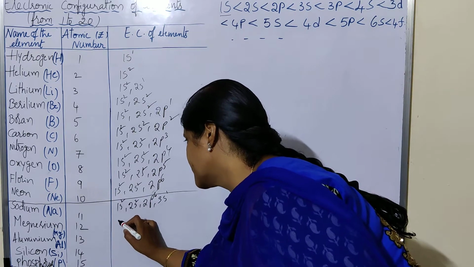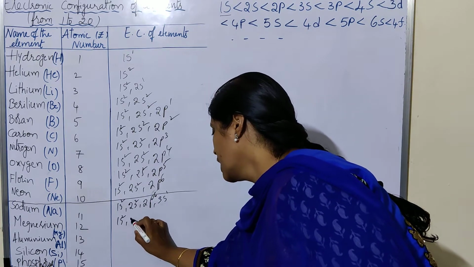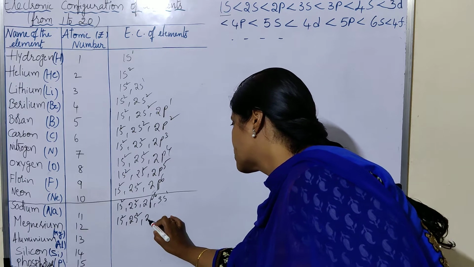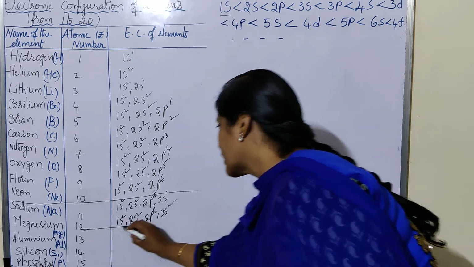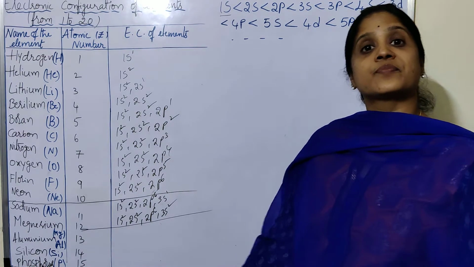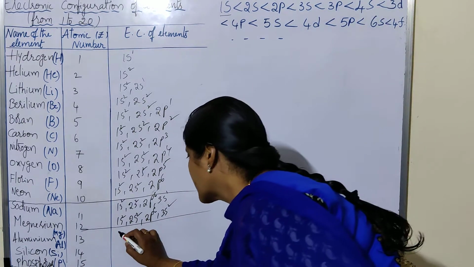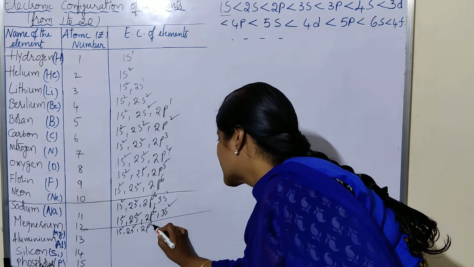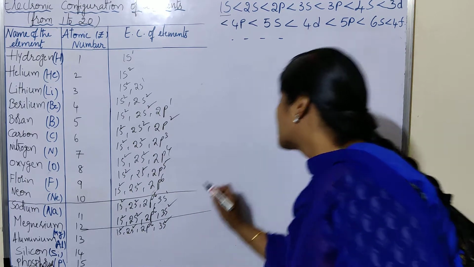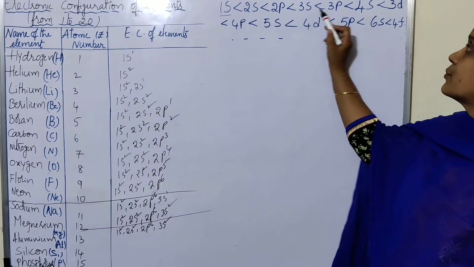Next, magnesium: 1s2, 2s2, 2p6, 3s2. Next one is aluminum, 13. 13 means 1s2, 2s2, 2p6, 3s2, and after 3s which orbital?